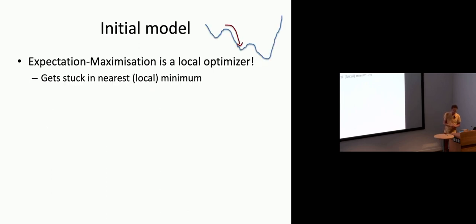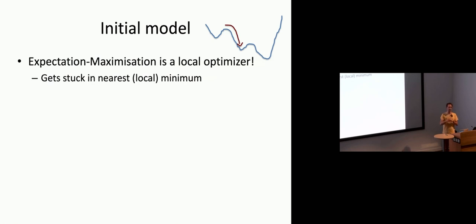Now, one thing we haven't spoken about is how do you get the original orange puppet? And there is a problem here that the algorithm I just presented to you, this expectation maximization algorithm, is a local optimizer, and it gets stuck in local minima.